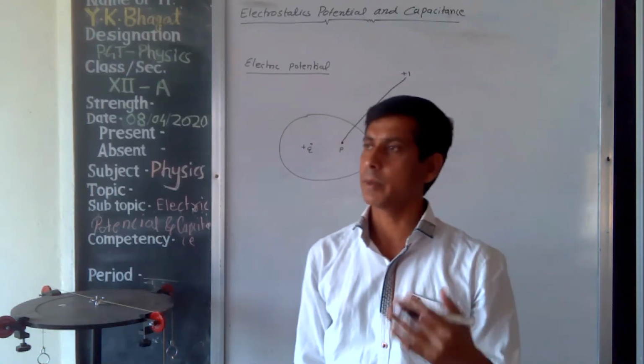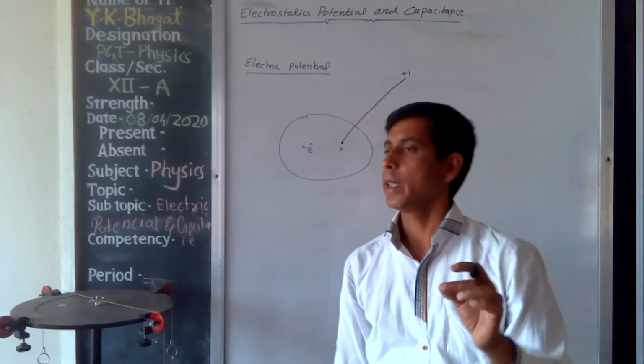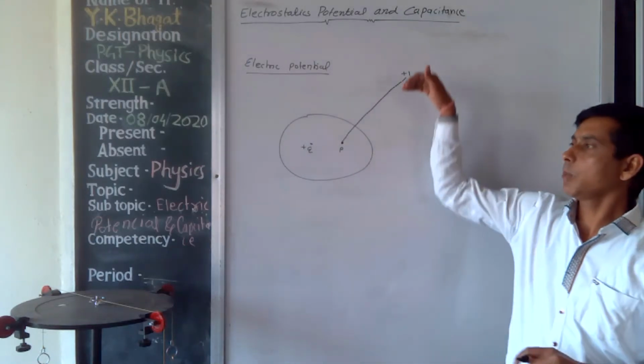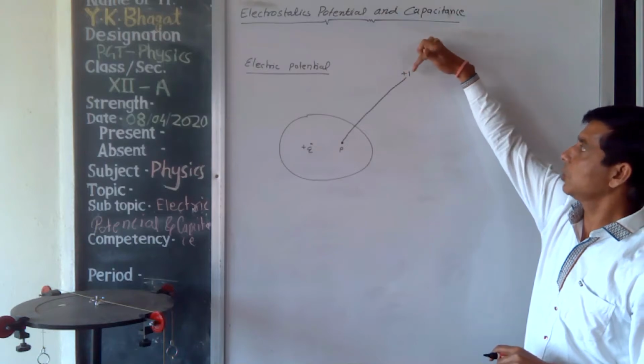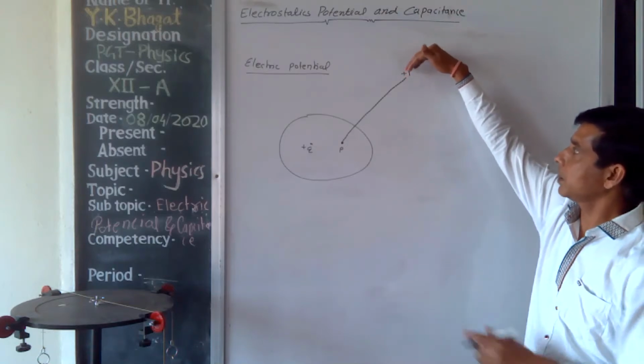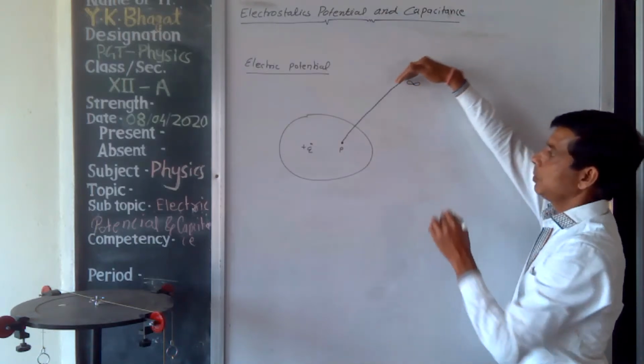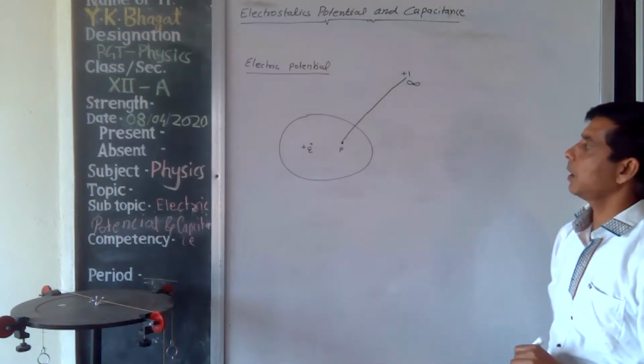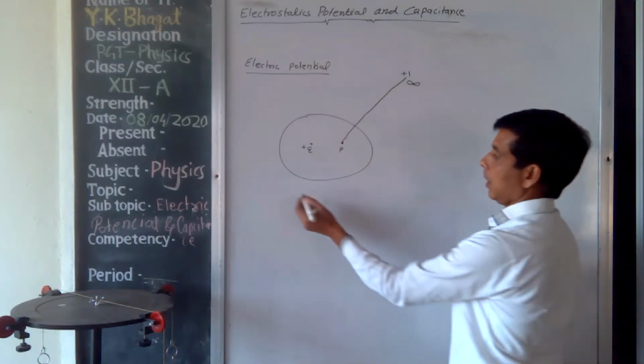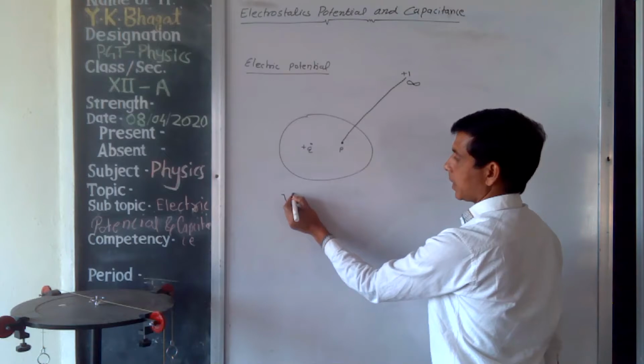Again I repeat the definition: the amount of work done to bring a unit positive charge from infinity to that point is called electric potential and is represented by capital V.